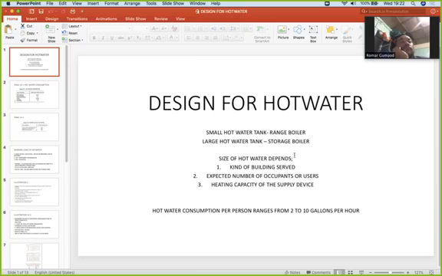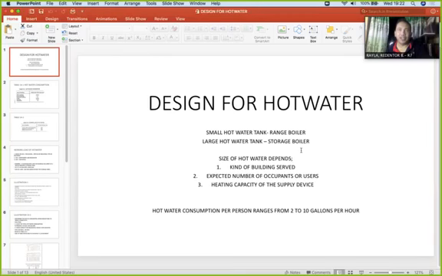The supply device. So under number two, we should account how many users. For example, in a motel or hotel, you have bigger hot water requirements. You will use a hot water boiler or calorifier.